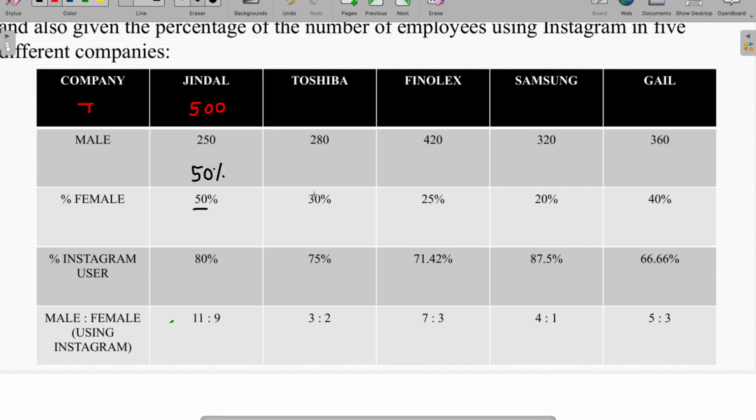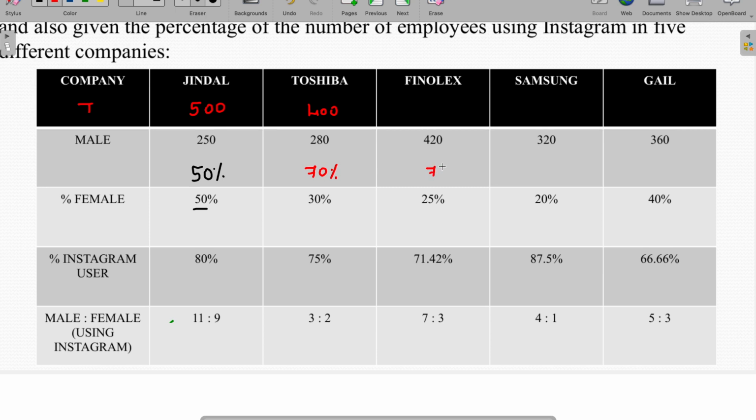Like that, 30 percent females means males are 70 percent. 70 percent is equal to 280, so 100 percent is equal to 400.